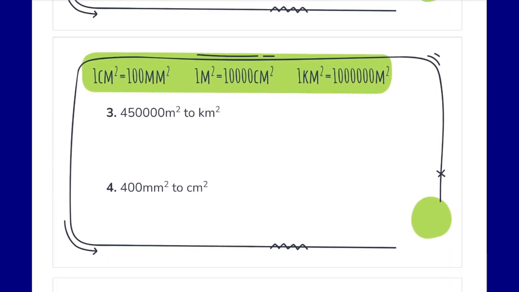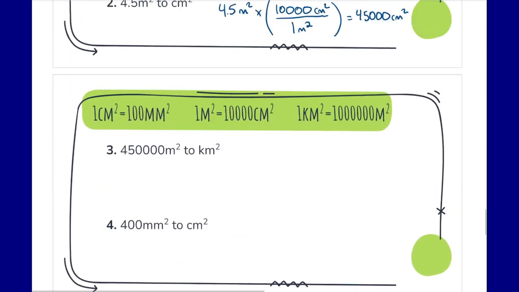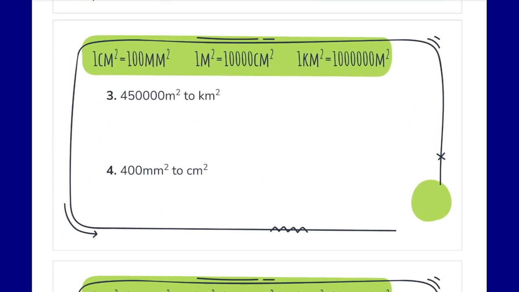And then lastly, second last set of examples, meters squared to kilometers squared. So again, we have a unit rate for that. Units we have, units we want. So 450,000 multiplied by a unit rate.